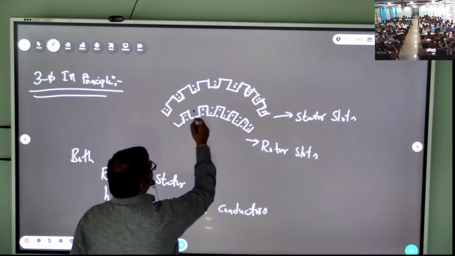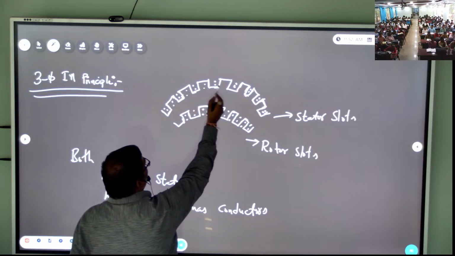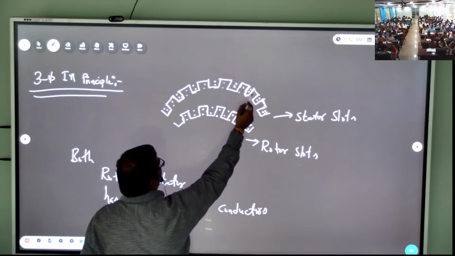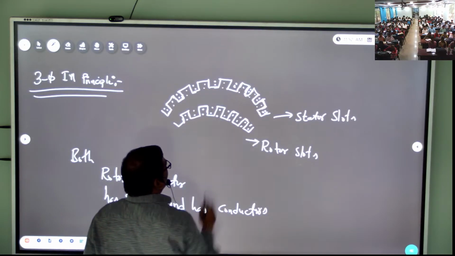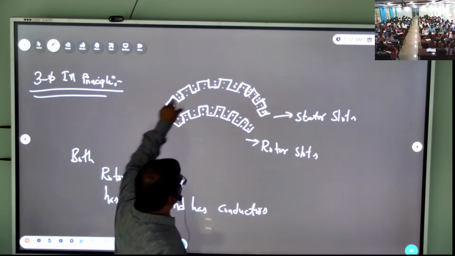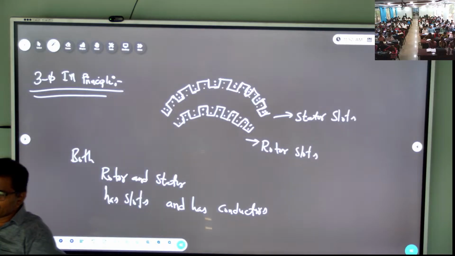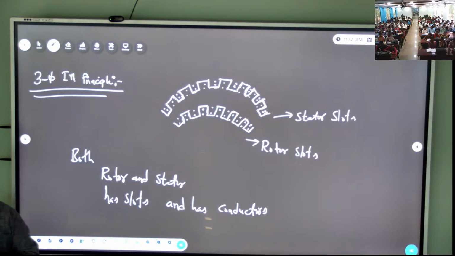You can use either one, no need to worry. So the rotor has rotor conductors, and the stator has stator conductors.